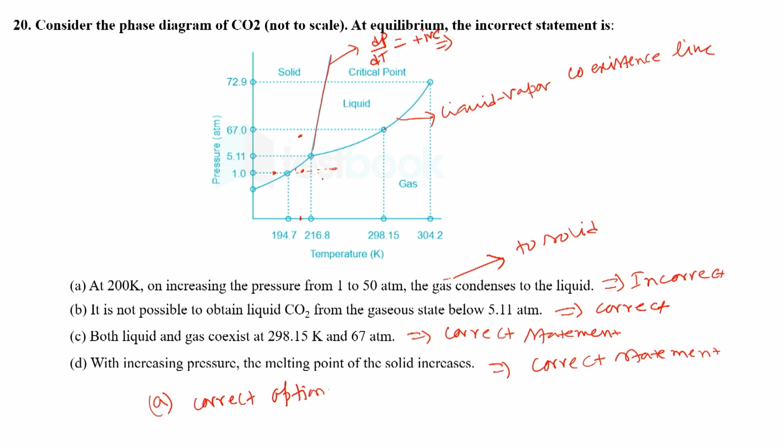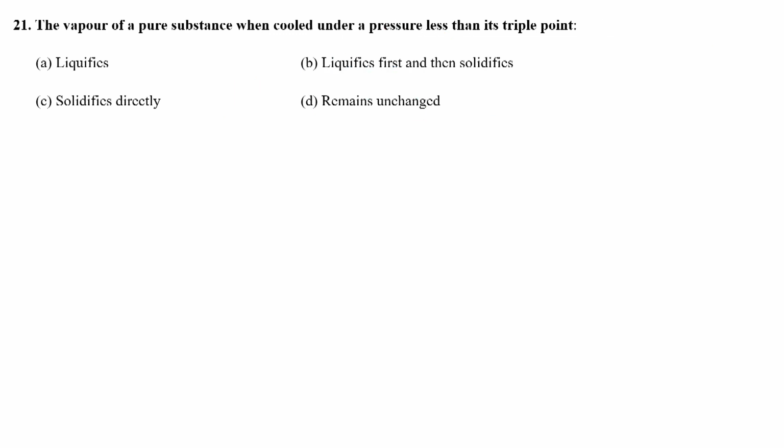So this is the vapor phase, this is the triple point. So at a pressure below the triple point, if we cool it like this, we get gas to solid directly, without going through the liquid phase. So C is the correct option.